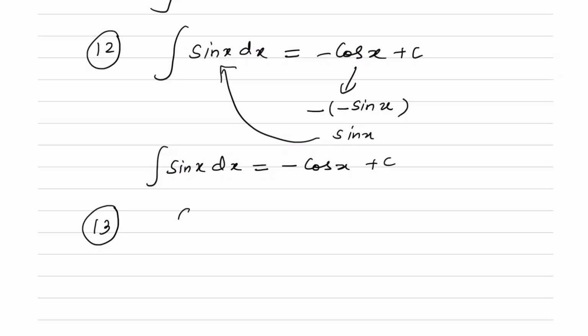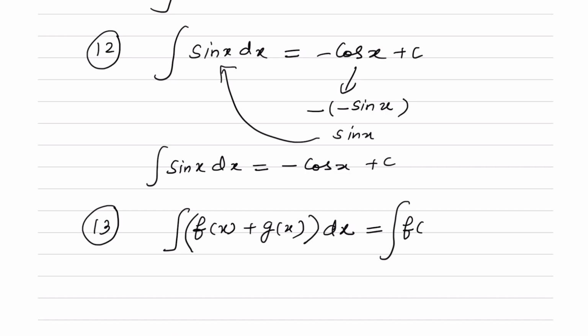Now know that if you have f of x plus g of x that you have to integrate with respect to x, then you can always write it as integral sign f of x with respect to x plus integral sign g of x with respect to x.